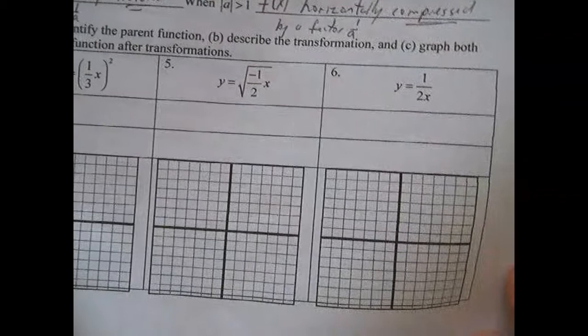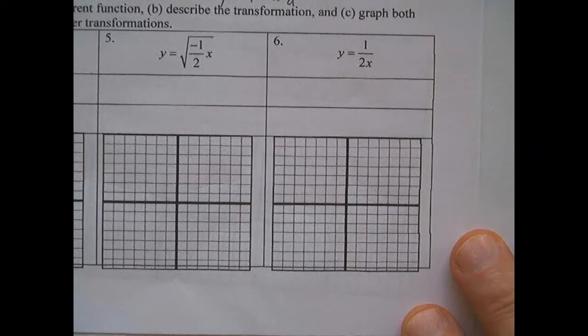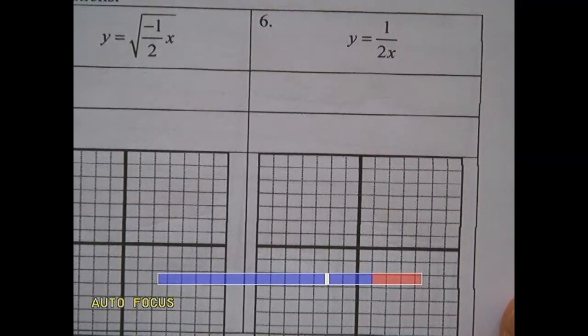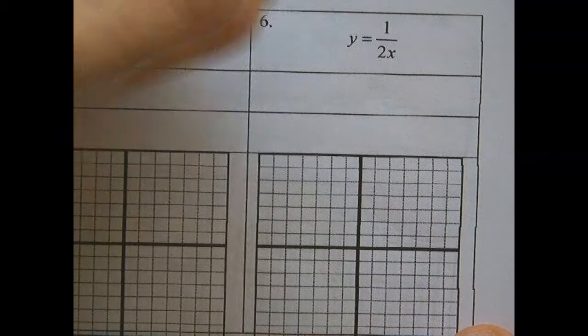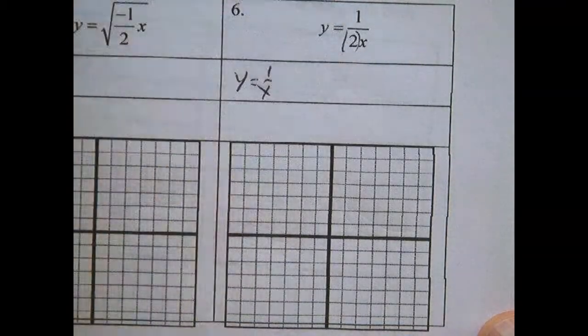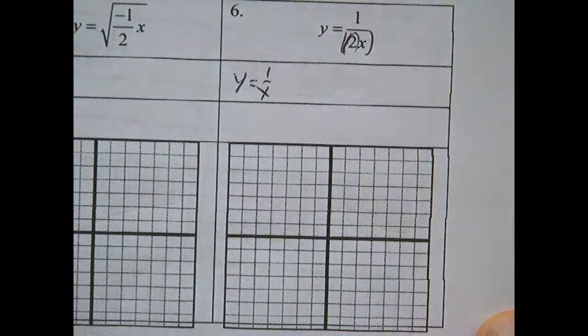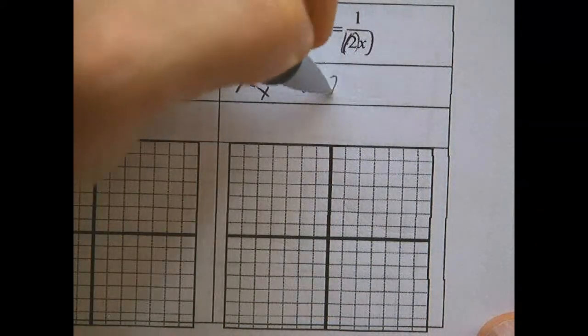The last one here, y equals 1 over 2x. The first thing is to recognize that the function is y equals 1 over x. And then the second thing is to recognize that the a is on the inside there, the a is 2, so a equals 2.